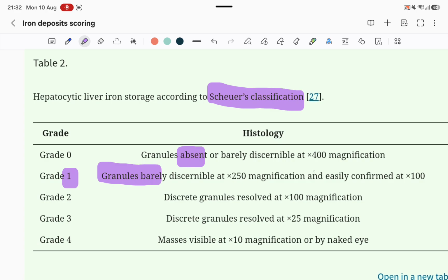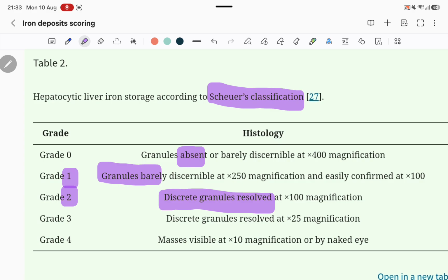Easily confirmed at 100, but at 250 granules are there. Grade 2, granules discretely seen at 100 magnification.